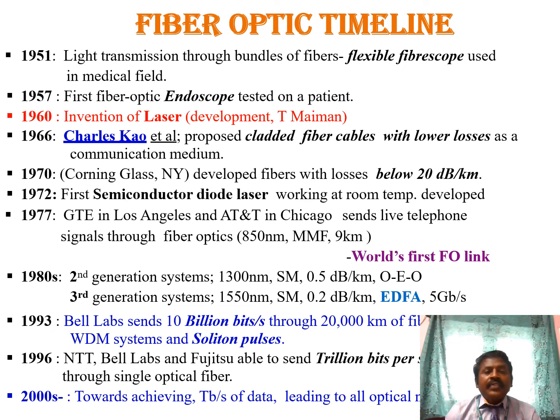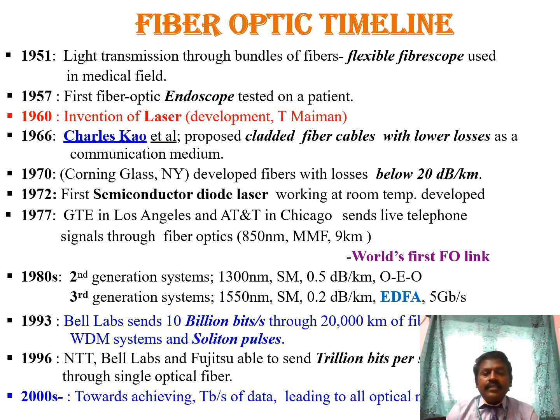Then in 1966 Charles Kao proposed cladded fiber cables with lower losses as a communication medium. That was the first introduction of the cladded fiber, where the losses were very low. Then in 1970 Corning Glass developed fiber with losses below 20 decibels per kilometer. Then in 1972 the first semiconductor laser diode came into existence, working at room temperature.